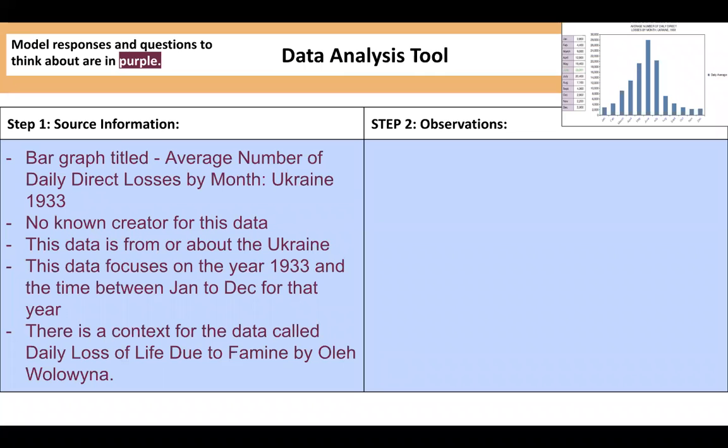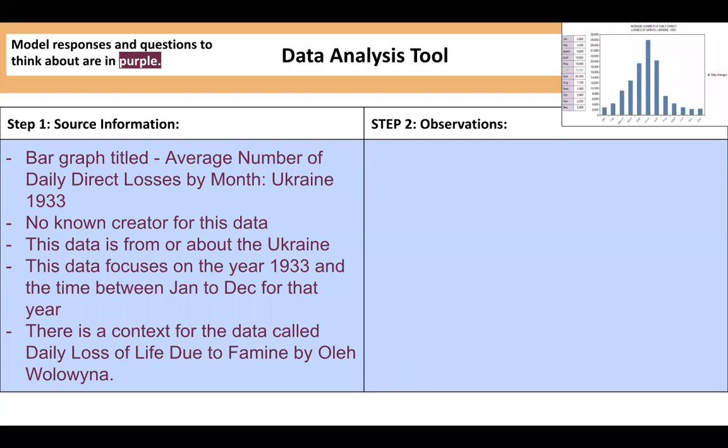And we could see that the location is in Ukraine. And we also need to know our dates and our general timing. And so this is focusing on the year of 1933 between January to December. And we also have a context, which is helping us really understand the data. And we gave the context as well. So that's just our sourcing information.